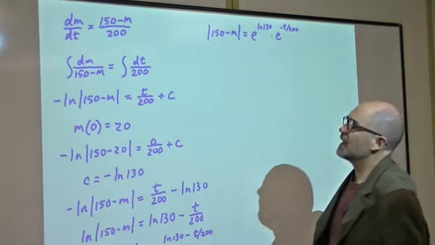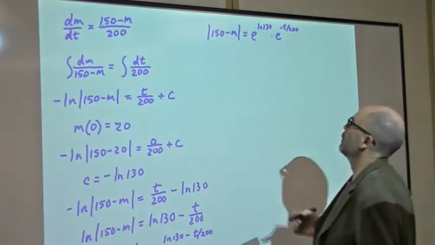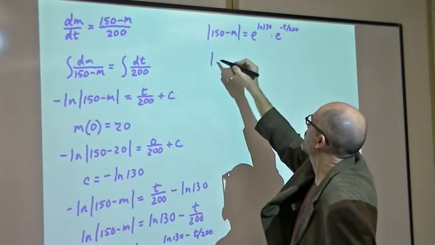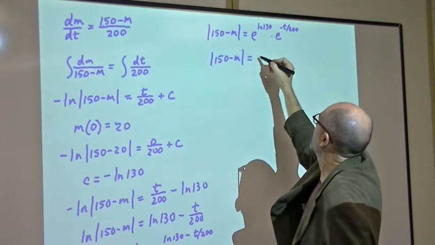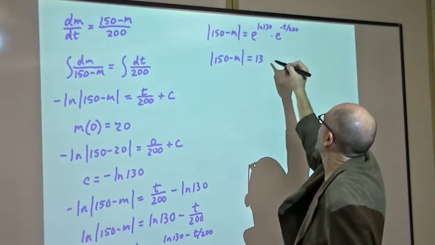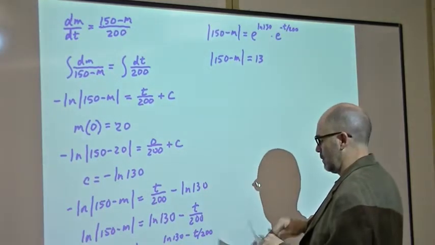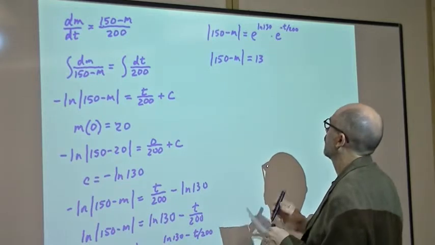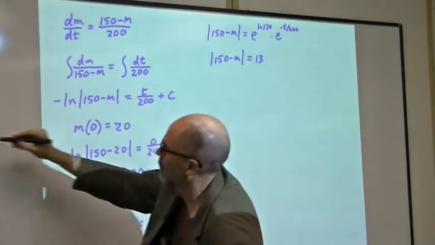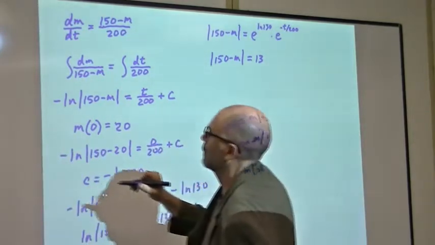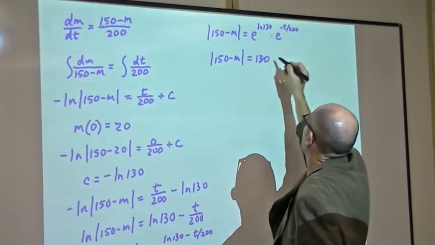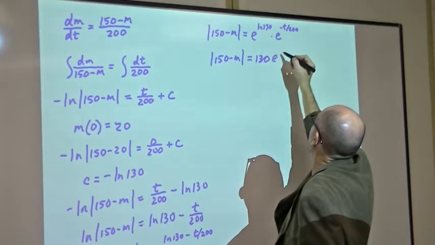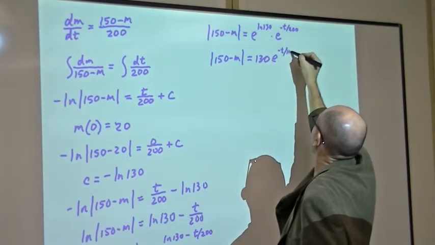Now, e to the natural log 130 is clearly just 130. So we've got absolute value of 150 minus m equals 130 e to the negative t over 200.